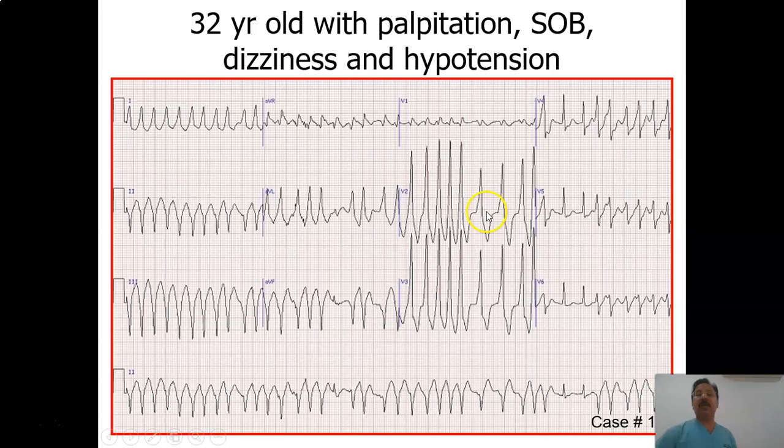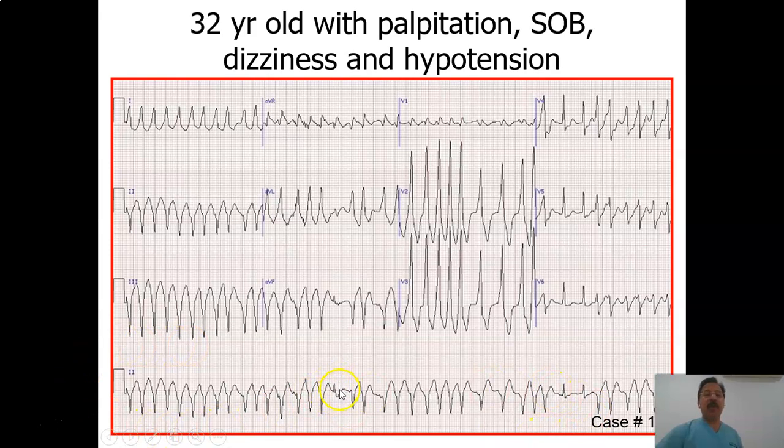With wide complexes, the ST segment becomes a little bit wide and elevated at places. Anything else interesting? The main finding here is wide complex tachycardia.